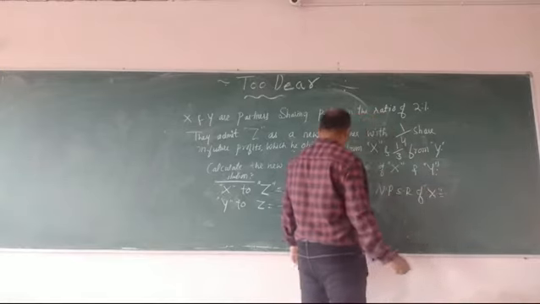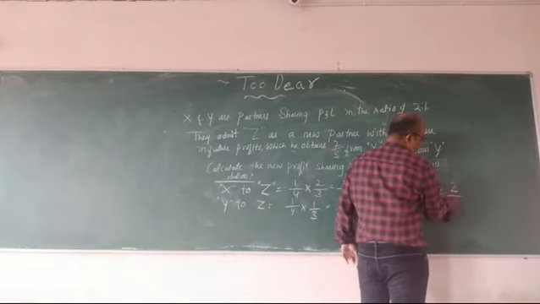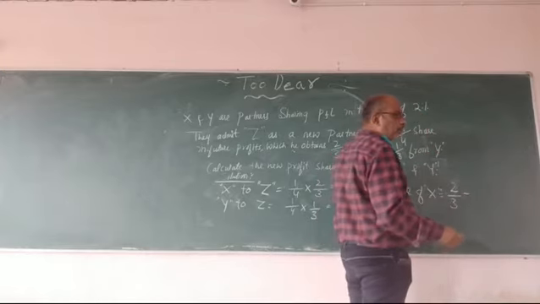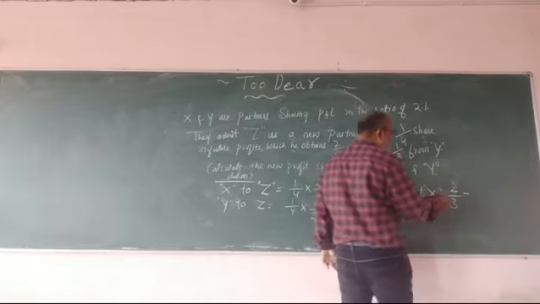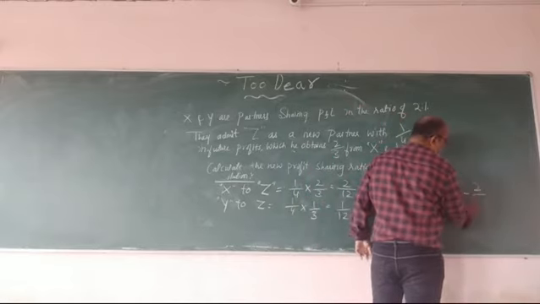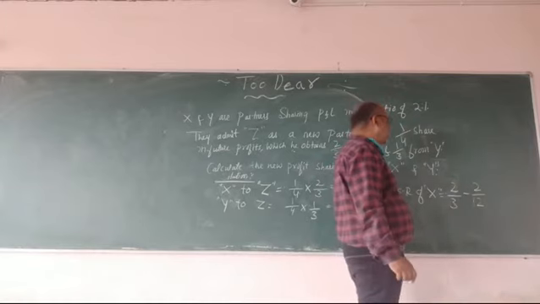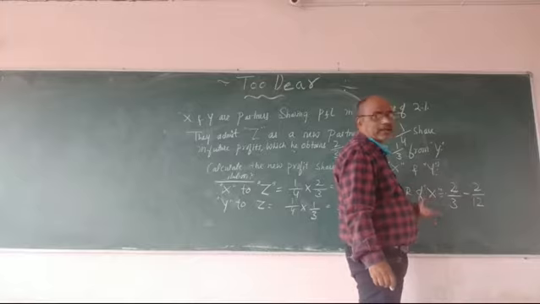Now let us calculate the new profit sharing ratio of X. Its old ratio was 2/3 minus the ratio sacrificed by him towards the share of Z, which is 2 by 12. You can use either of the methods here, either the LCM method or cross multiplication.